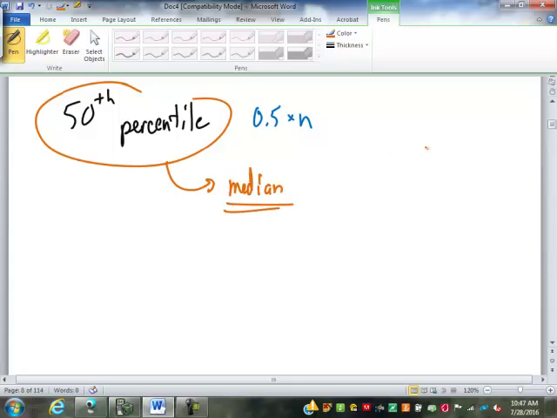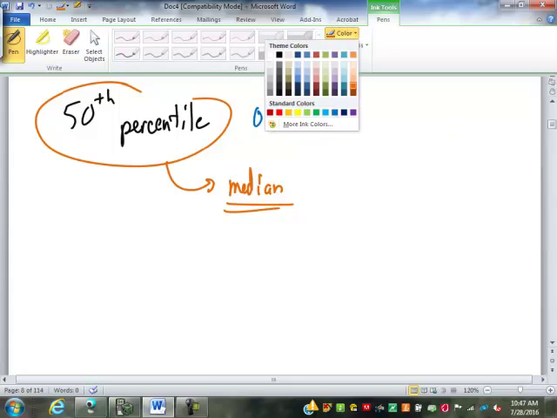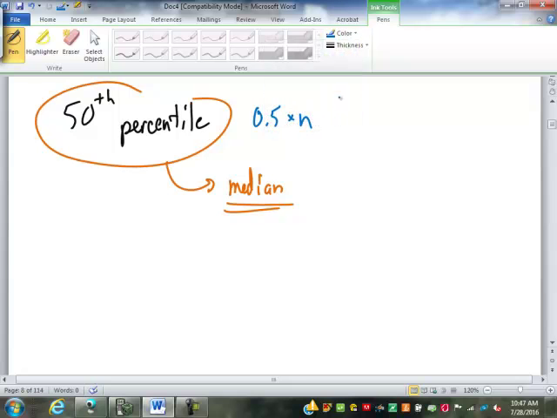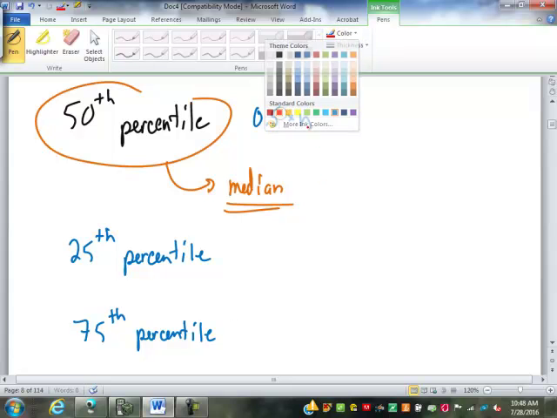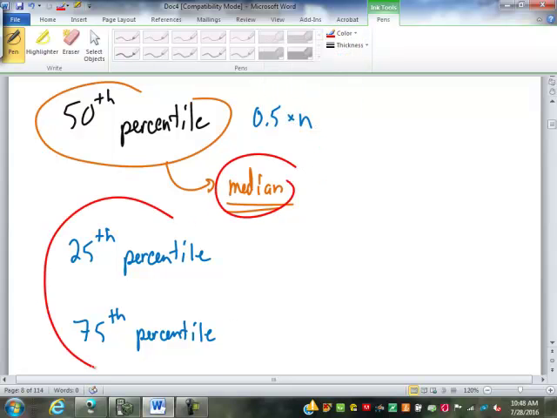The median is just the 50th percentile of any set of numbers. Well, there's some other very significant percentiles that we use. The 25th percentile and the 75th percentile. Along with our median are called quartiles.